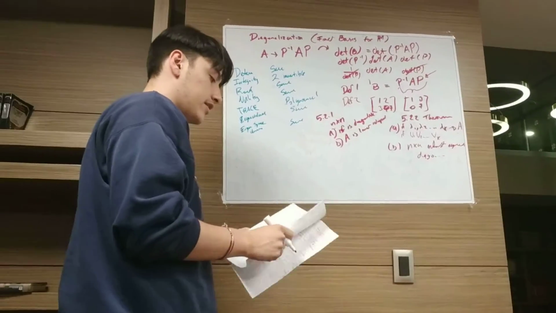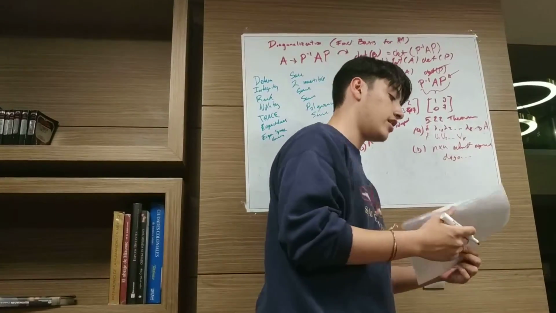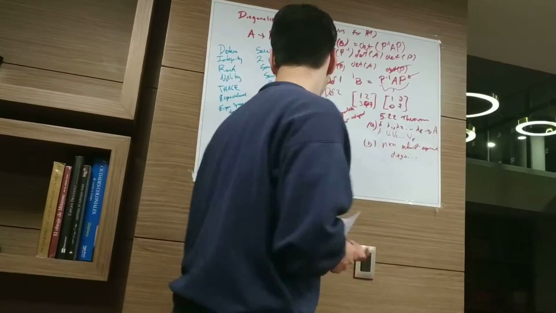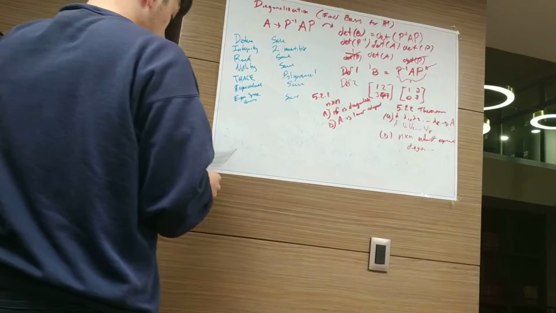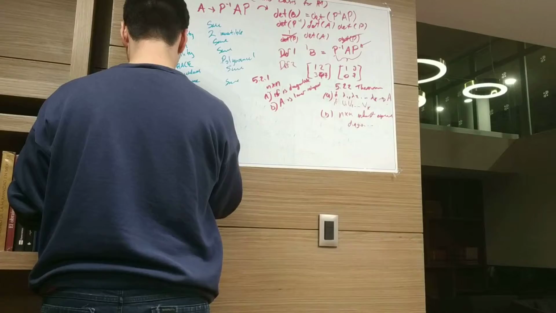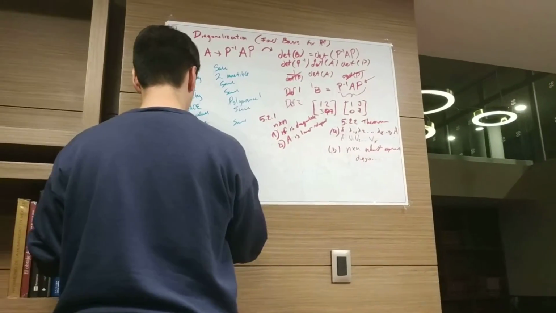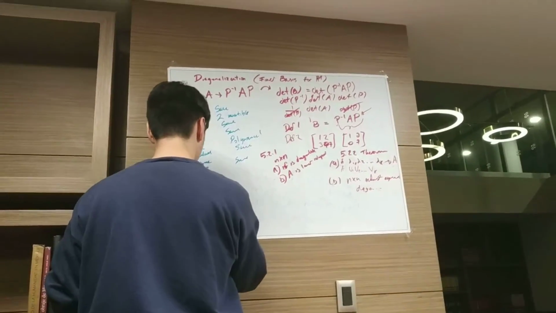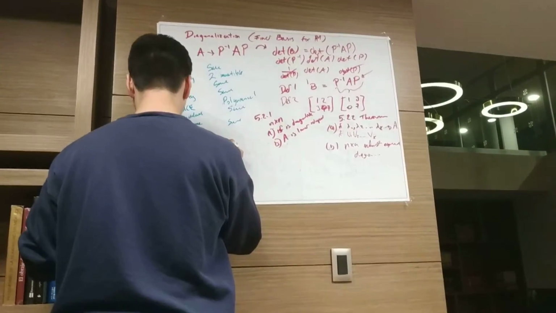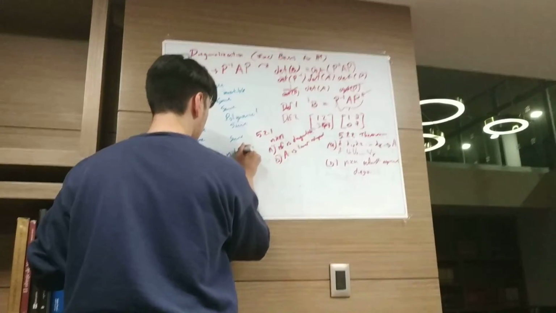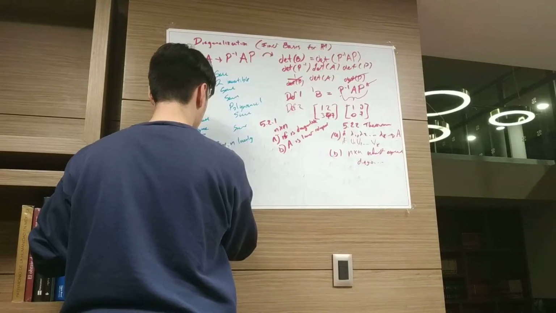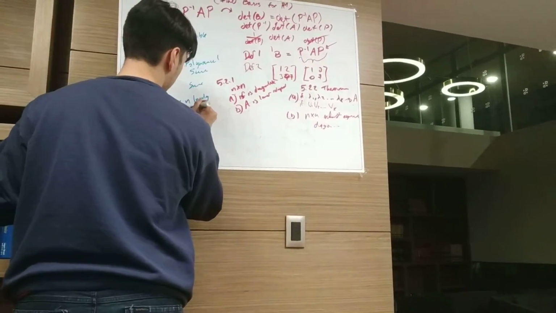Also, we are going to talk about the steps for diagonalizing a matrix. The first step is to search for n linearly independent eigenvectors.